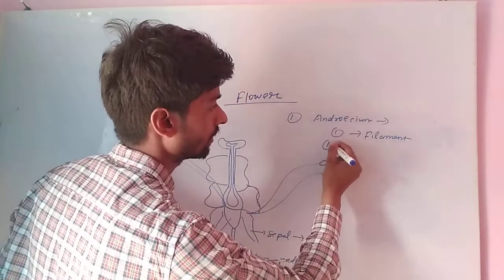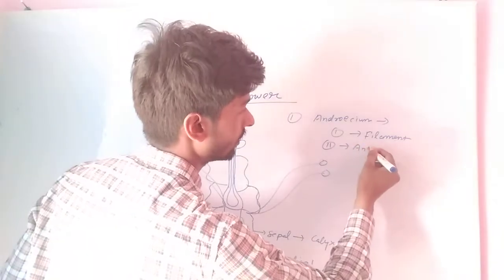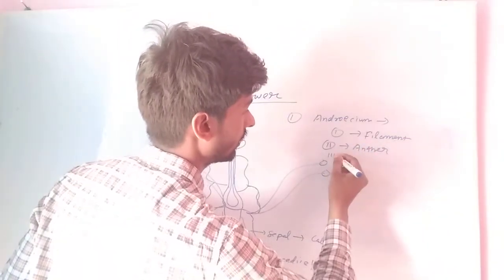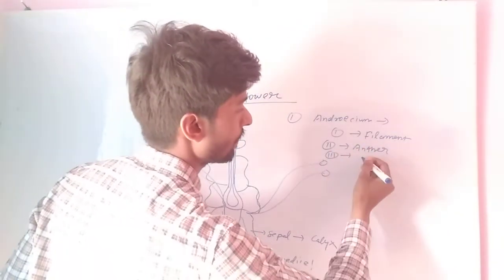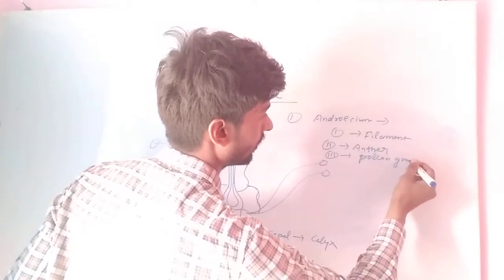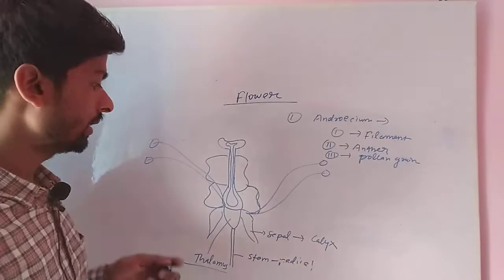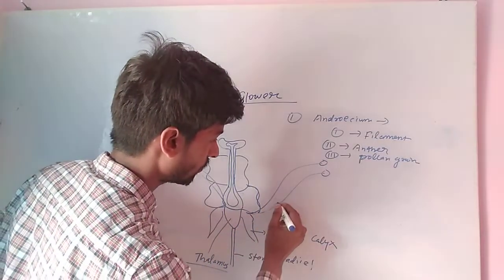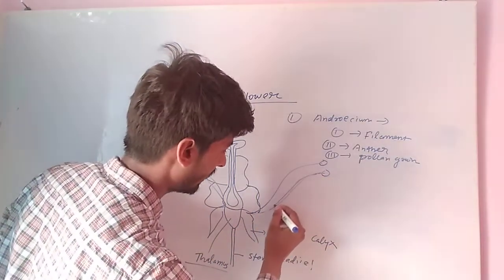Second is anther, and third is pollen grain.